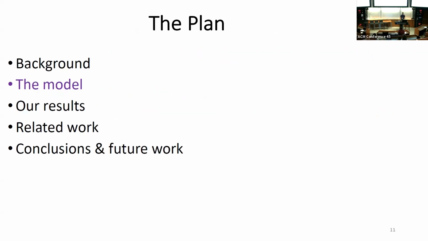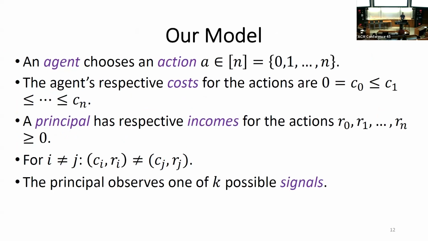So let's introduce the formal model. As we usually have in a contract design setting, there's an agent who chooses an action between 0 and n, where 0 is the default action, or you can call it an outside option. We assume that the cost of the 0 action is 0, and the other actions are sorted, without loss of generality, according to their costs in non-decreasing magnitude.